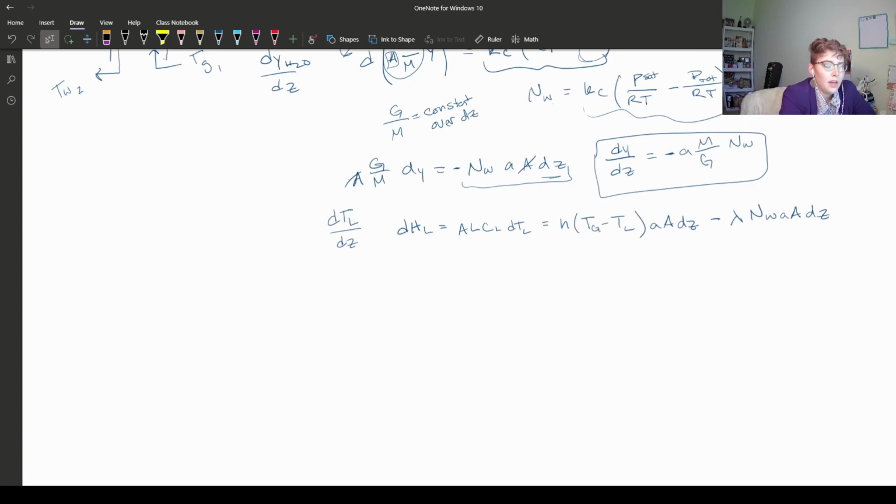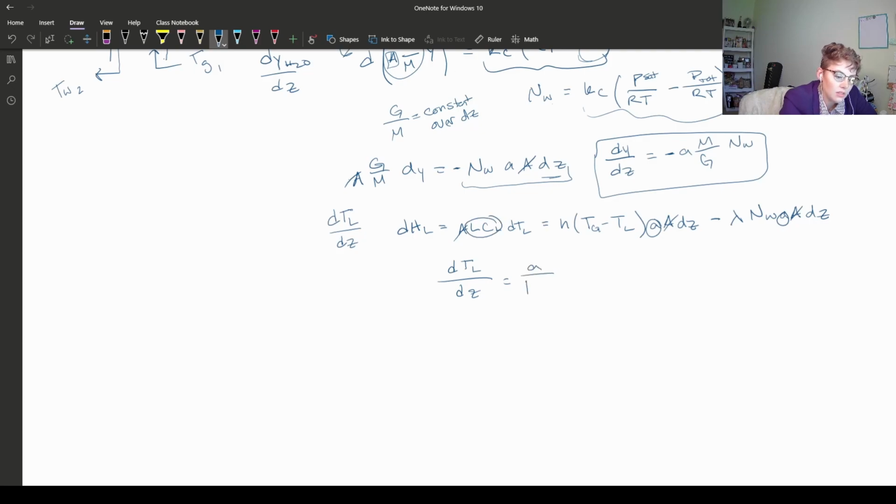So now we can go ahead and take out like terms and rearrange the equation in terms of dTL over dZ. And we want this up here. So our like term over here is going to be this right here, the specific area, and then these like terms will also apply.